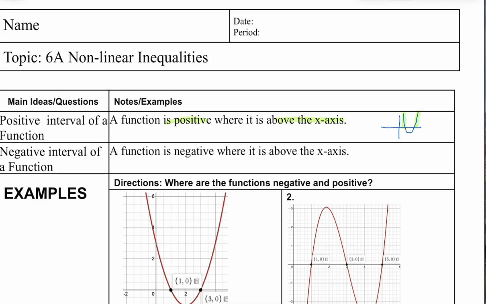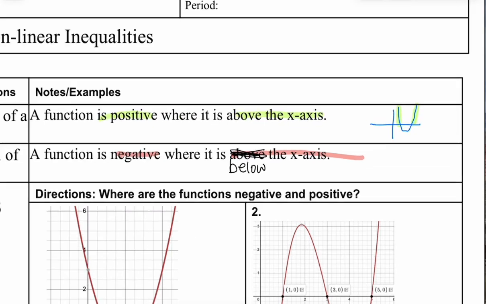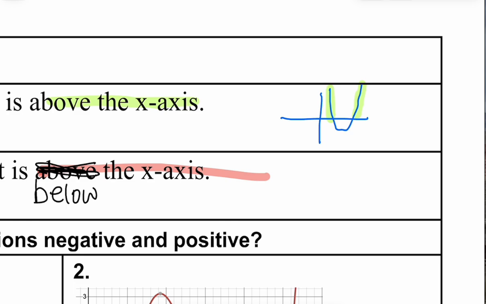A function is negative if it is below the x-axis. So if we look at that same graph that we see here, it would be here.